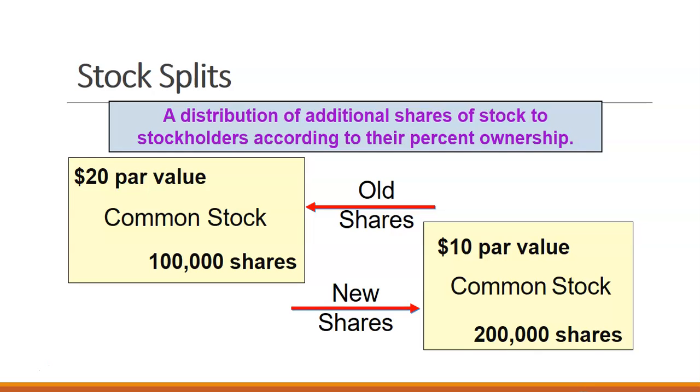For every share I have, I'm now going to have 2. You double the shares of stock and you reduce the par value. So if I had a $20 par value and I did a 2-for-1 stock split, now I have twice the number of outstanding shares and I have split my par value in half.